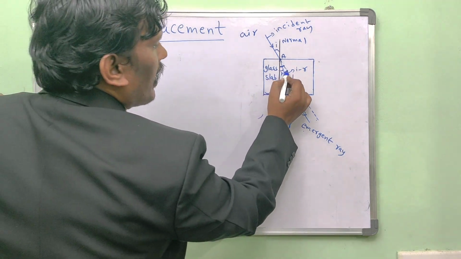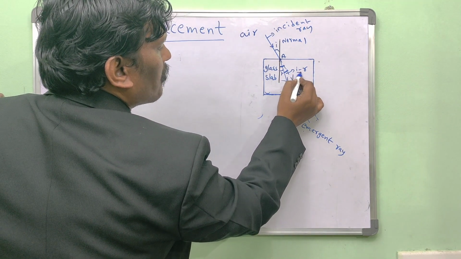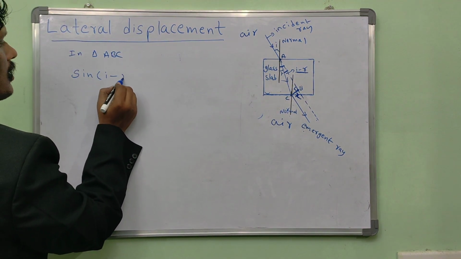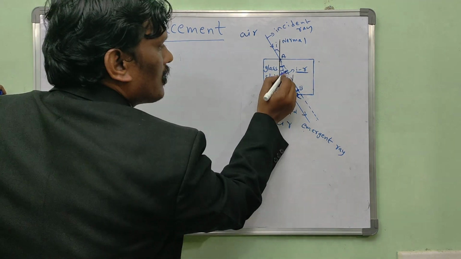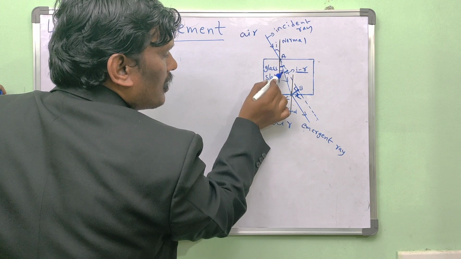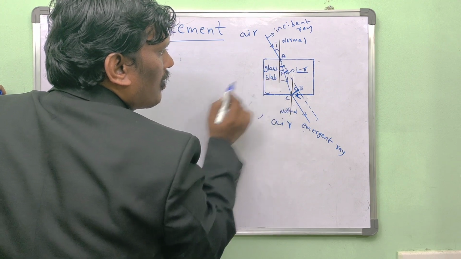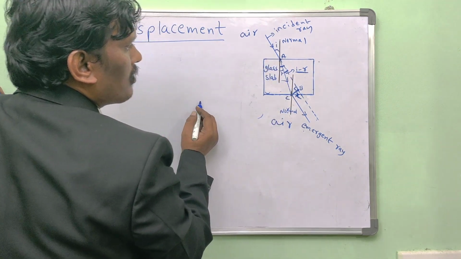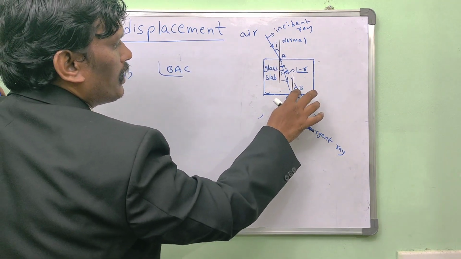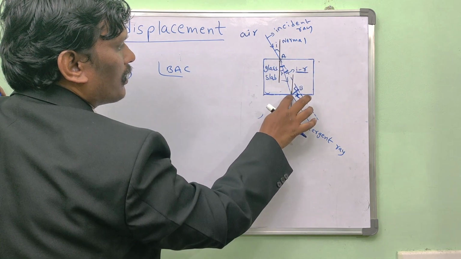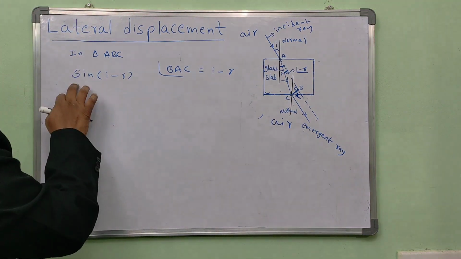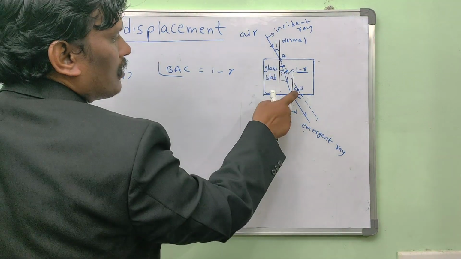Then what is the angle at this point? I minus R. In triangle ABC, what is the angle at A, that is angle BAC? I minus R. So the opposite side is opposite to this angle.